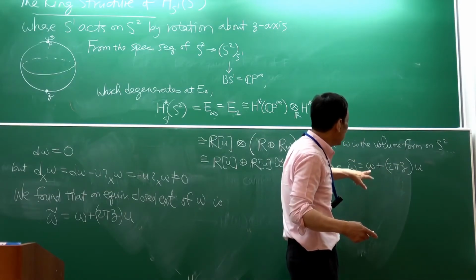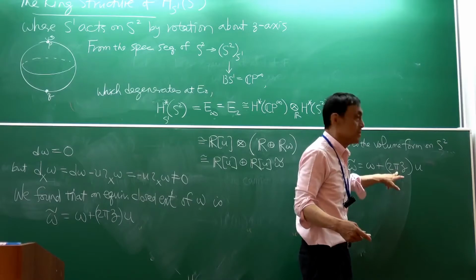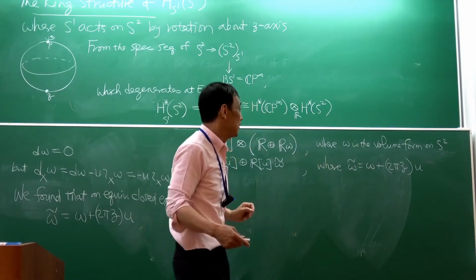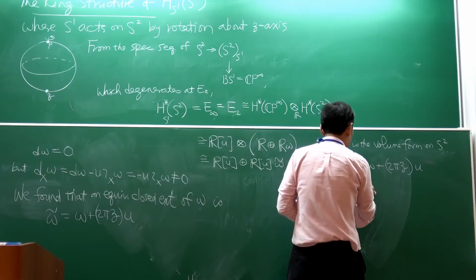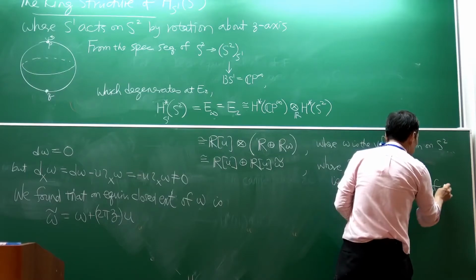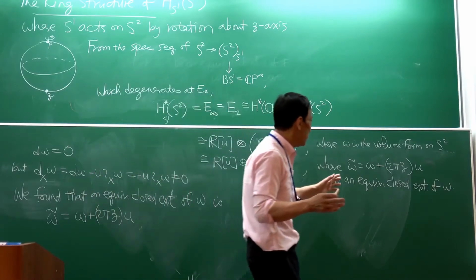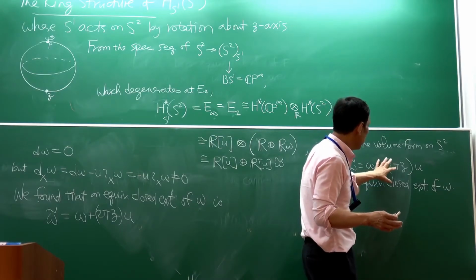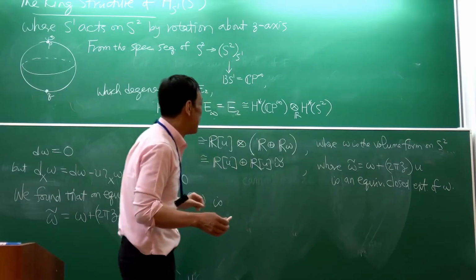So an equivariant form is a polynomial in u whose coefficients are invariant forms on the manifold. To say that it's an equivariantly closed extension means that it's an equivariantly closed form such that if you drop the u's, then you have omega. Okay?